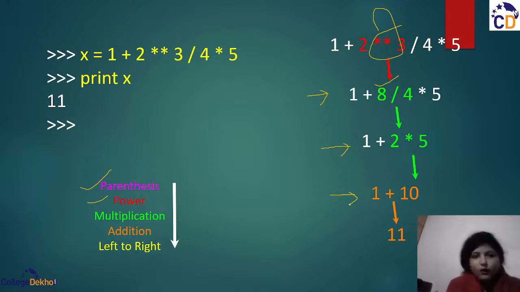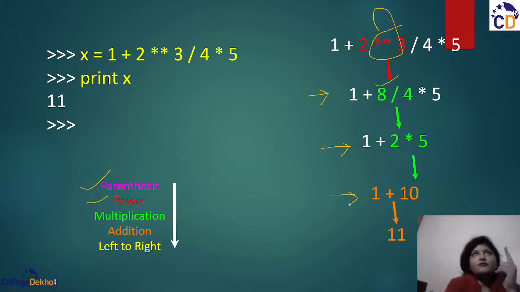So this is how we use operators in Python, right? And what is the precedence of that? We are using operators, but in which sequence, what is the order of evaluation? Basically they have the order like this.